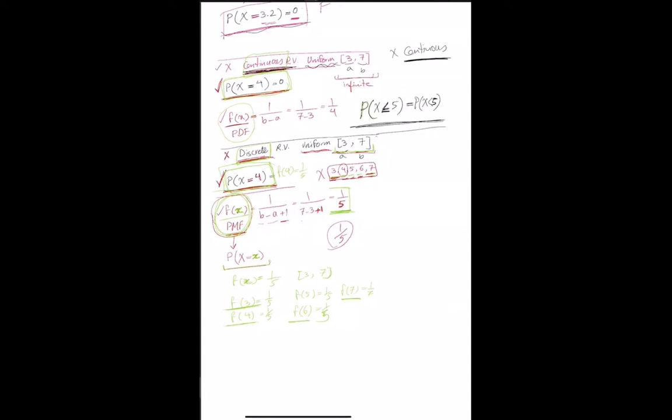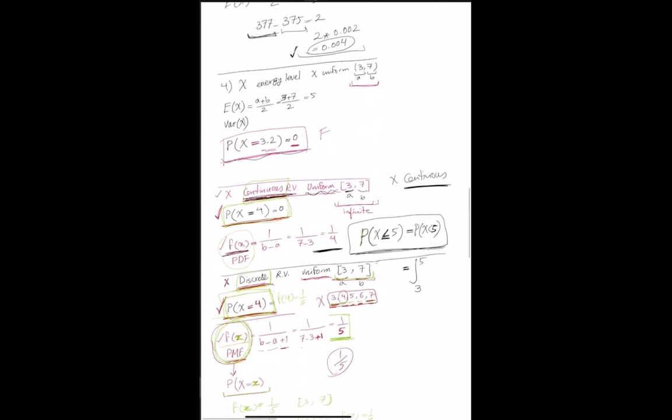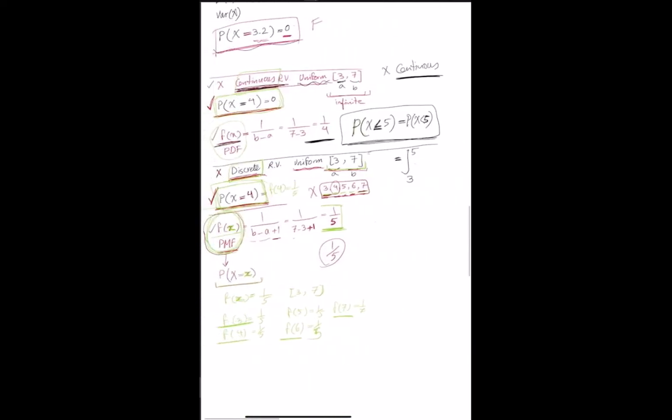And can you tell me how you calculate this probability for this continuous uniform random variable? That's the integral from the lower bound, which is 3, to the upper bound, which is 5, of f of x, which I calculated here, f of x is 1 over 4, dx.